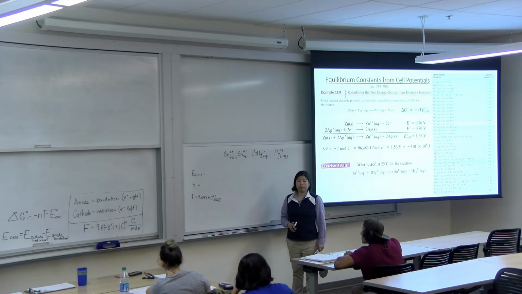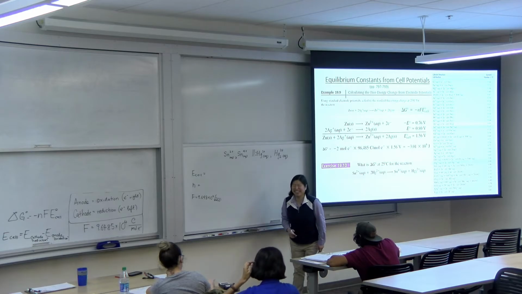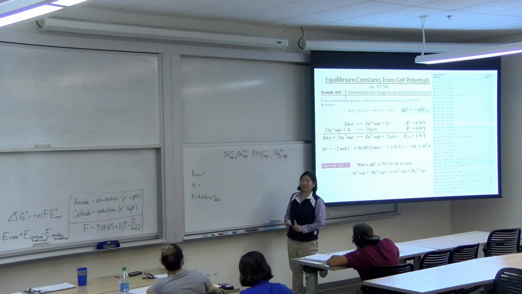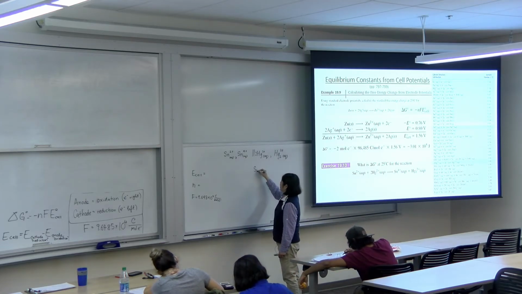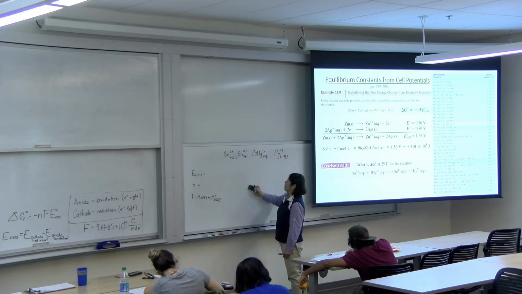Well, we have to probably write the half reactions to make it easier on ourselves. Okay, let's write the half reactions. Well, do you really need the half reactions to do E cell?